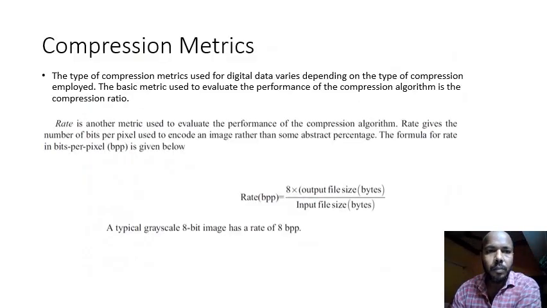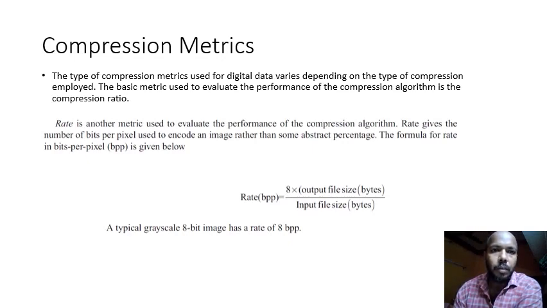Okay, students. So till now we have seen the problems on compression ratio. Here we have two metrics to measure the compression level of the compression algorithm we are using. So we can check the amount of compression we have done through that algorithm.